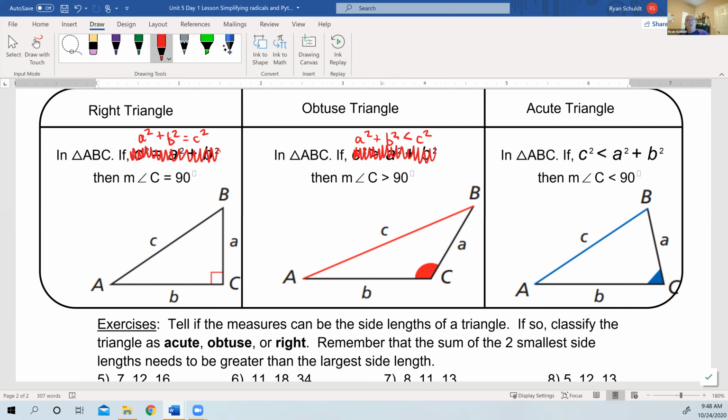It's obtuse if a squared plus b squared is less than c squared. It's acute if a squared plus b squared is greater than c squared. That tells us it's acute.